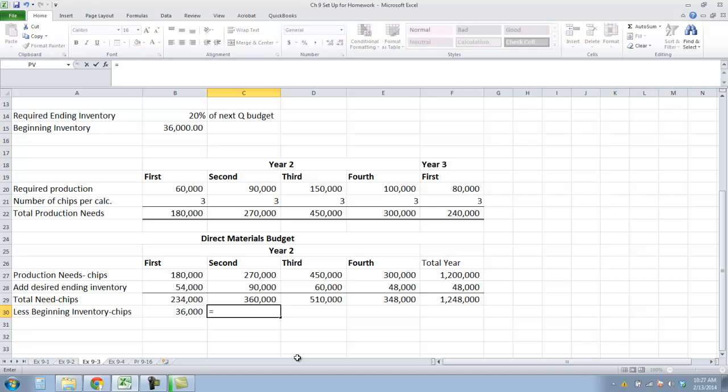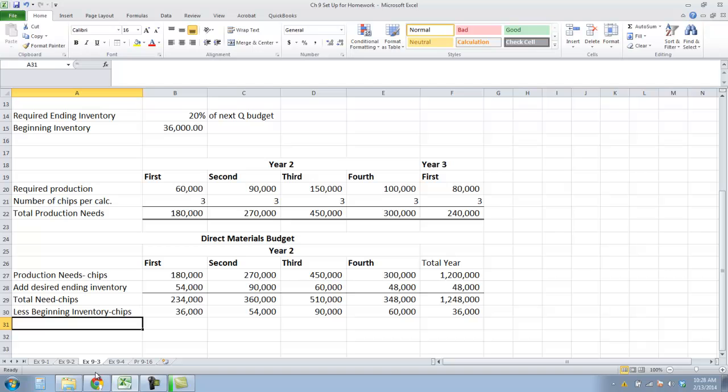In second quarter, our beginning is our first quarter ending. Third quarter, second quarter ending. Fourth quarter, third quarter ending. And our beginning inventory for the whole year would be our beginning inventory on first quarter.